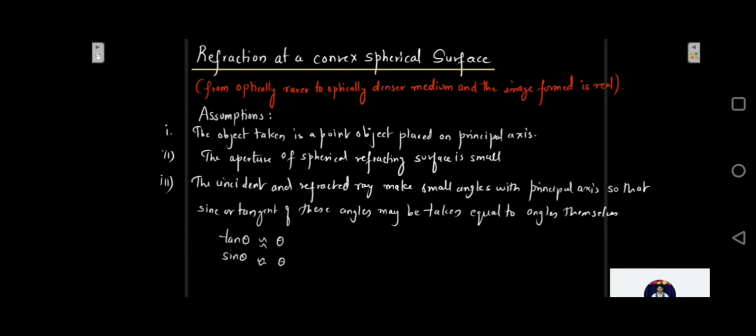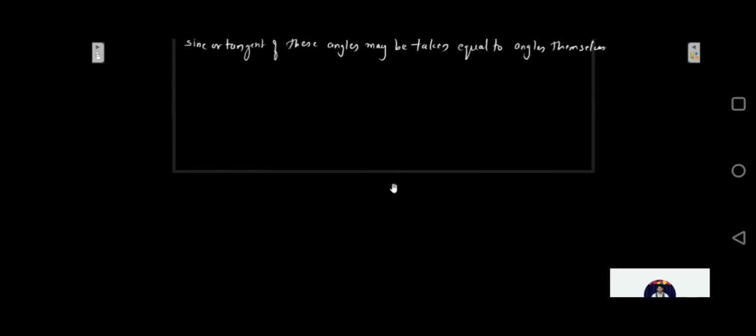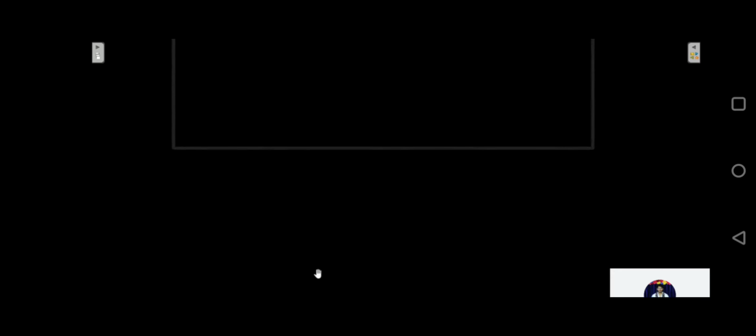So now let us start with the derivation. In this derivation, we are going to consider a convex refracting surface which is going to separate a rarer medium of refractive index, let's assume mu1, and a denser medium of refractive index mu2.